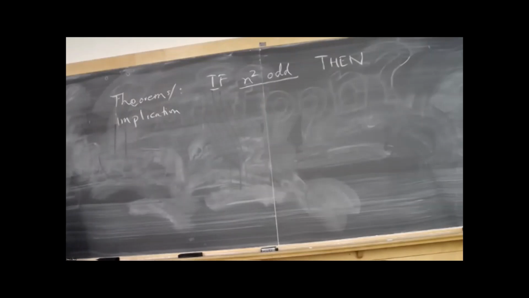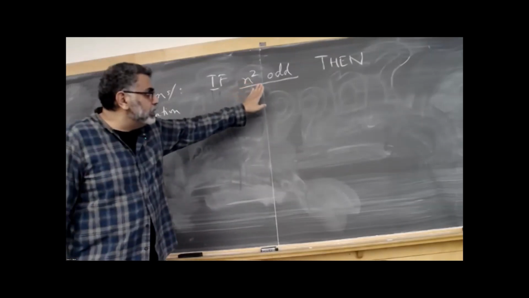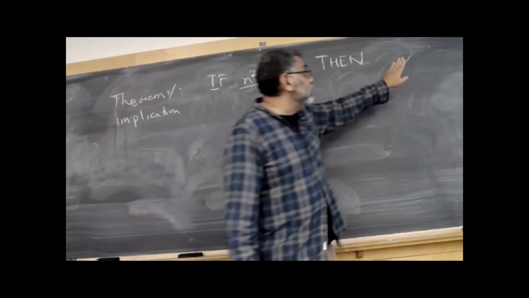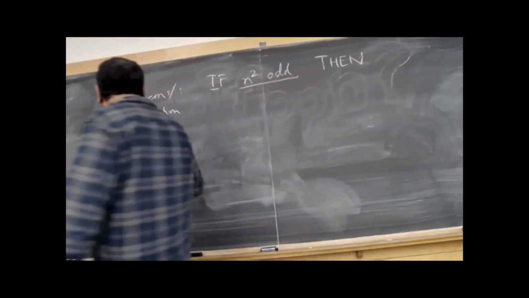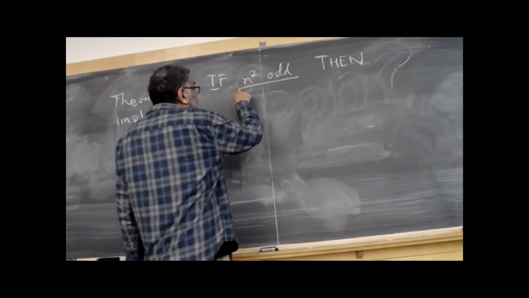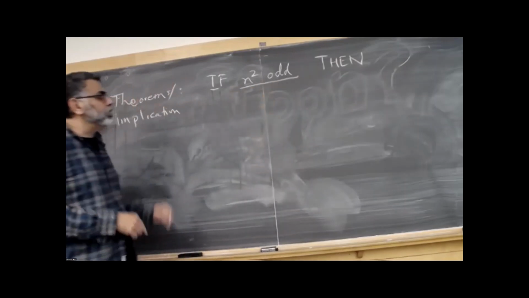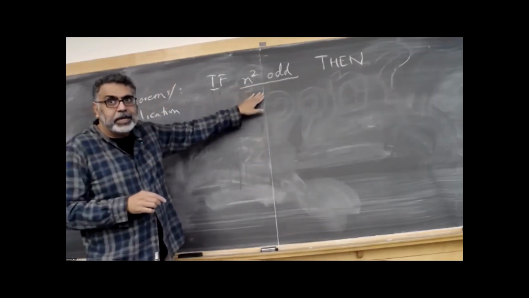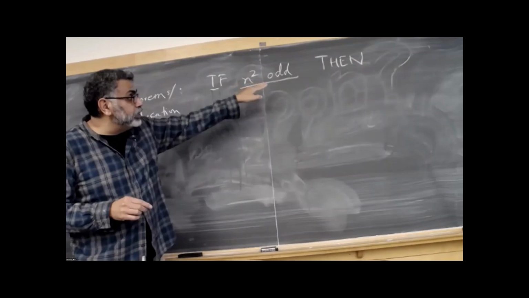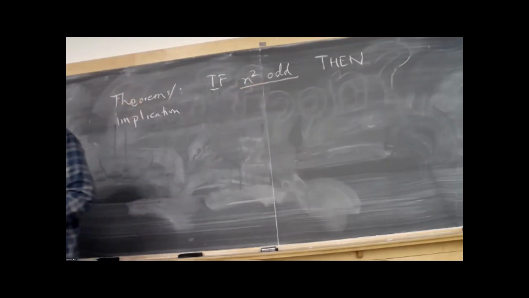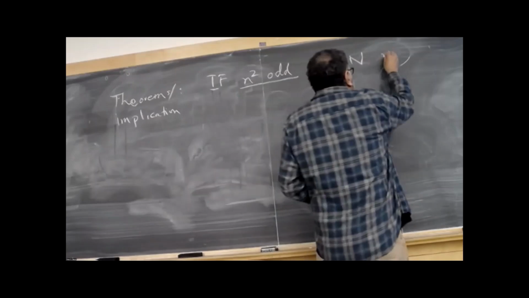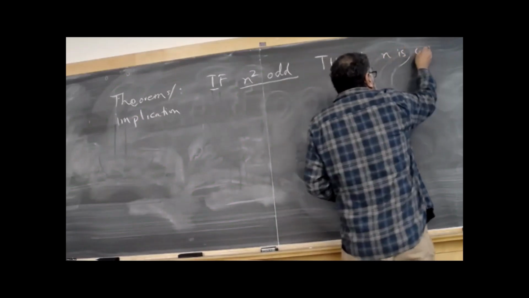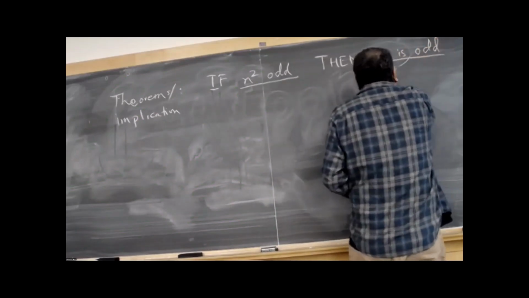And both this thing and this thing are supposed to be true. Otherwise, it doesn't work. So the antecedent here, that's the term here, the antecedent is n squared is odd. And if that is true, then that implies that n is also odd.